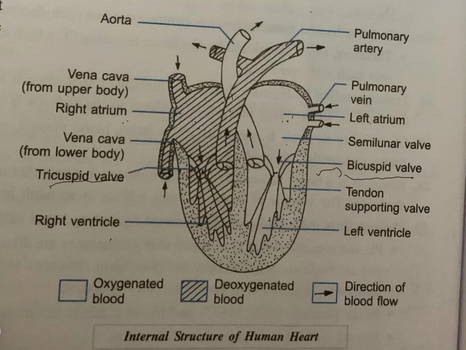Tricuspid valve and bicuspid valve: tricuspid connects the right atrium to right ventricle and bicuspid connects left atrium to left ventricle. Left side has oxygenated blood and right side has deoxygenated blood.